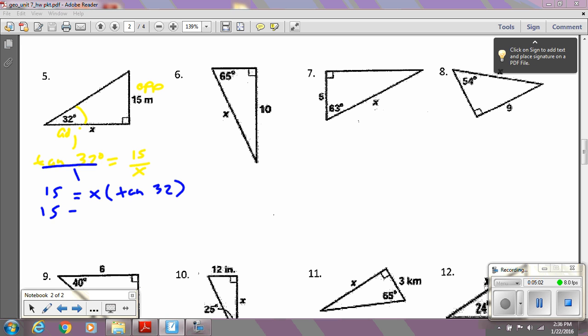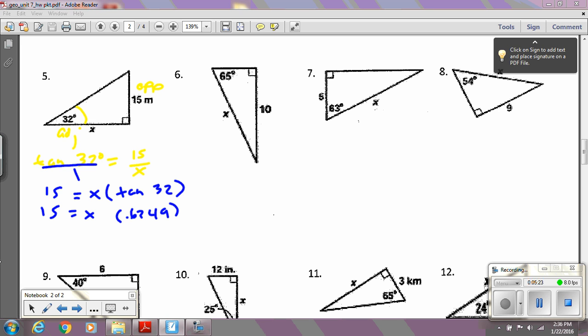That'll be 15 is equal to x times tan of 32, which is 0.6249. And now we have to divide both sides by that value.